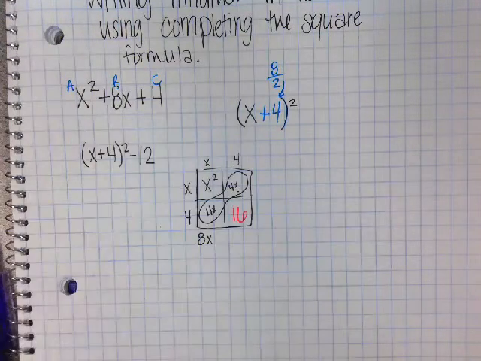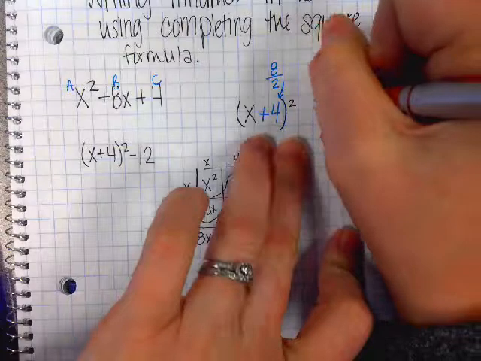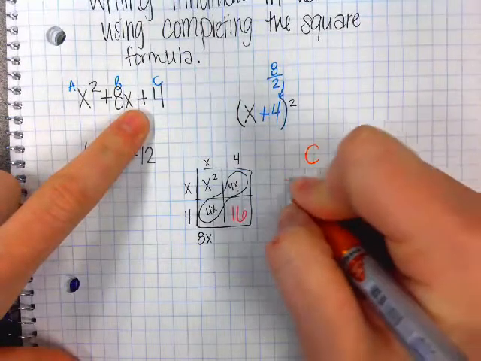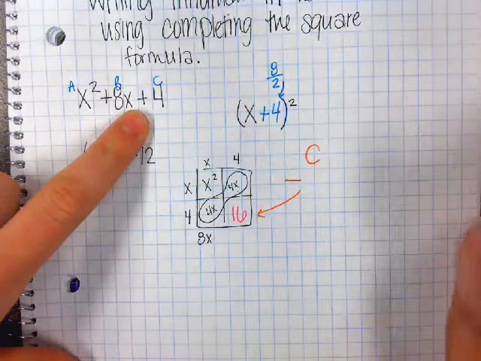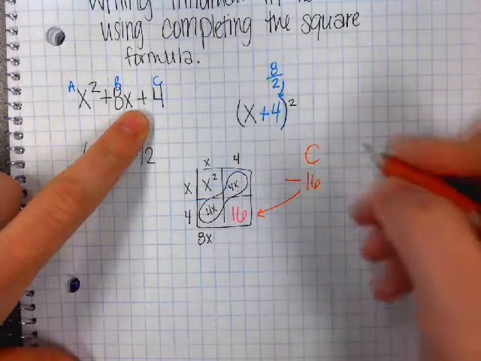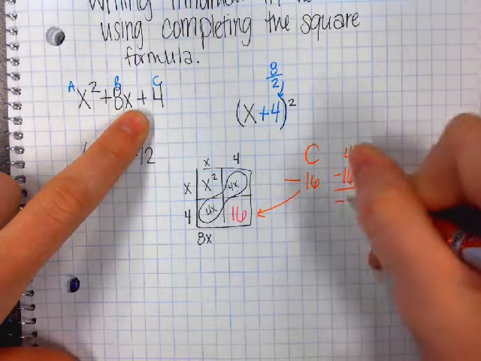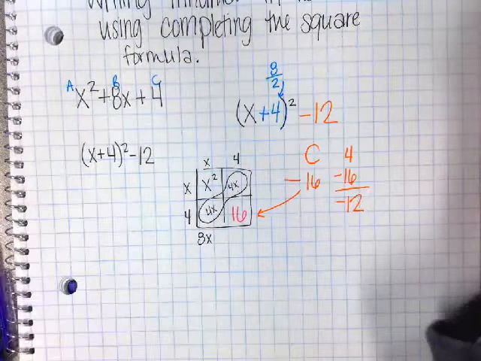Negative 12. So what you're going to do to find that last spot, or to find what's adding or subtracting here, you're going to say c minus that number right there. c minus 16, or 4 minus 16 is what? Negative 12.